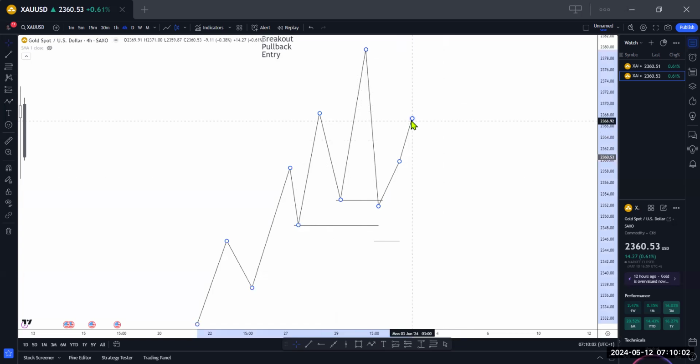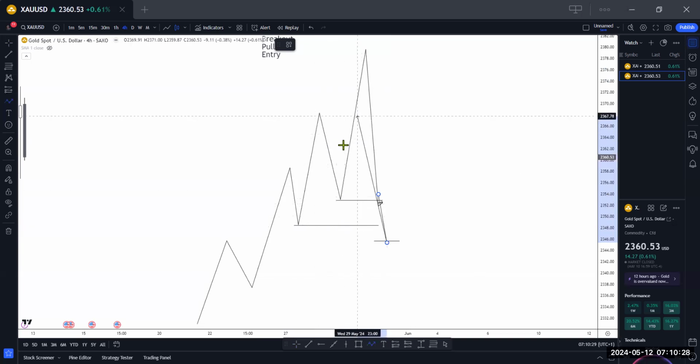But when we talk about BPE, we are saying that we have broken all the areas where buys are supposed to happen. You're supposed to buy here, but no, we broke it. Supposed to buy here again, no, we broke it. So we have a two-time breakout on the buy side.